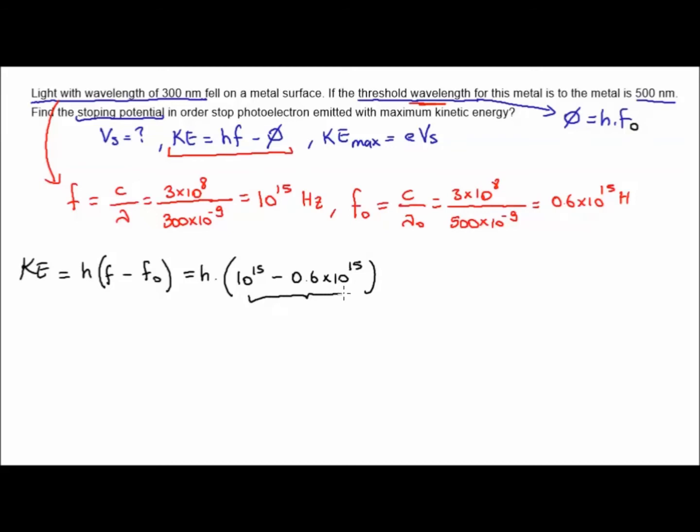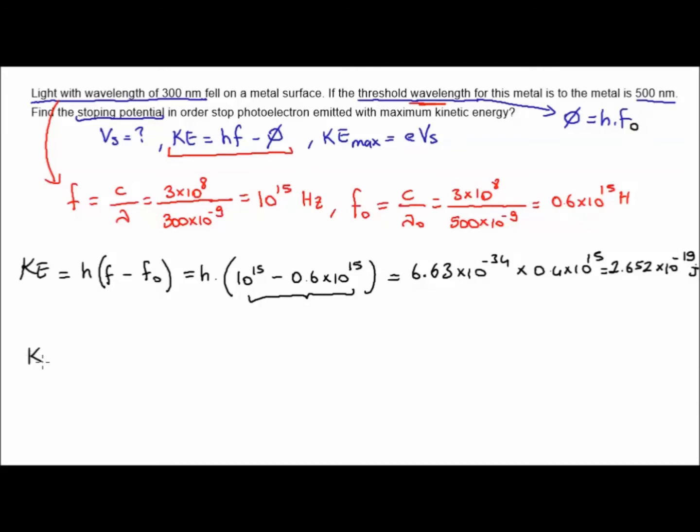The result of this is going to be 0.4 times 10 to 15, and the Planck constant 6.63 times 10 to minus 34 times 0.4 times 10 to 15, and this will be equal to 2.652 times 10 to minus 19 joule.